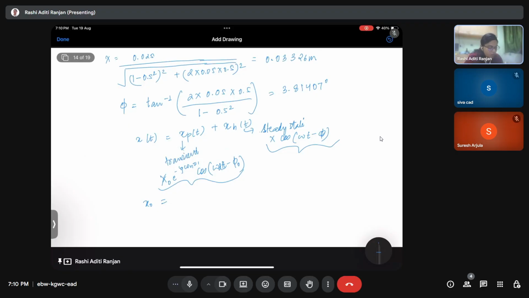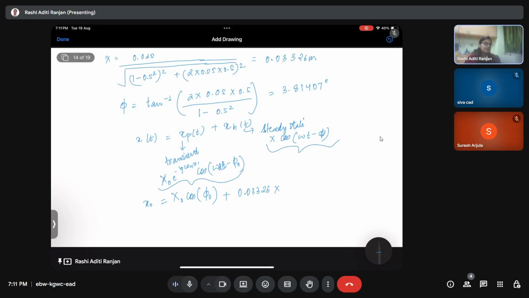So we can just write, now we are trying to find x_0. Now for x_0, the time is what? Time is 0, right? And then we have cos of minus phi_0. So cos of minus theta is nothing but cos theta. So we are going to have X_0 cos(phi_0) plus capital X, we already have 0.03326 into cos(omega t minus phi).